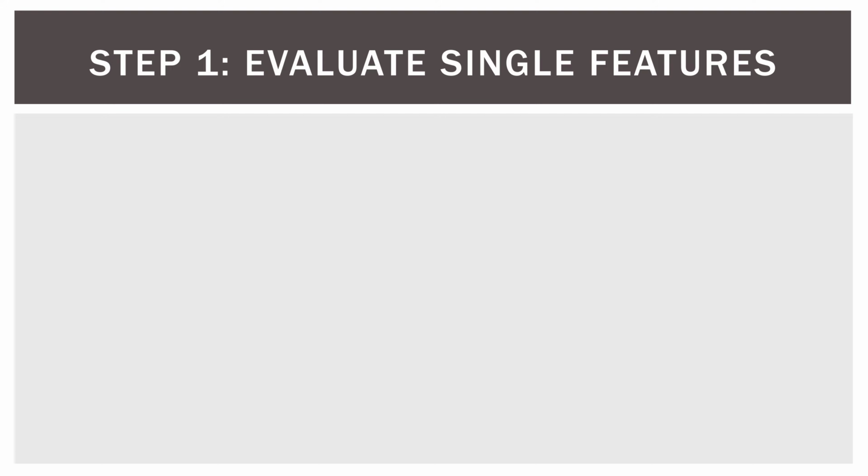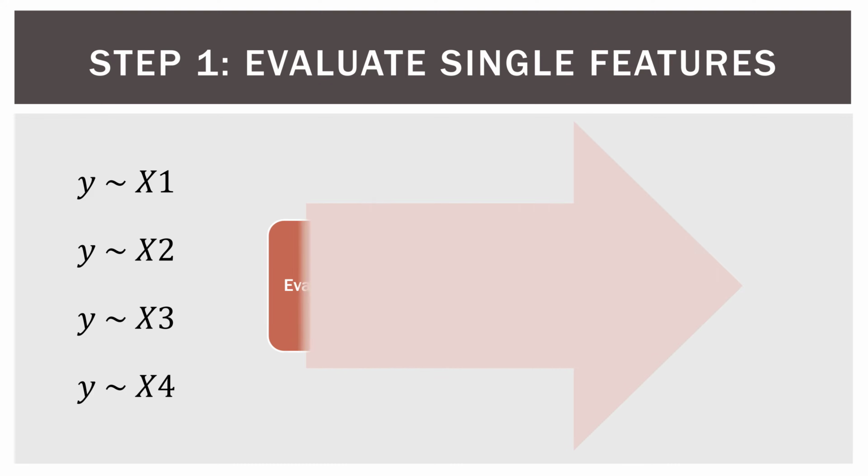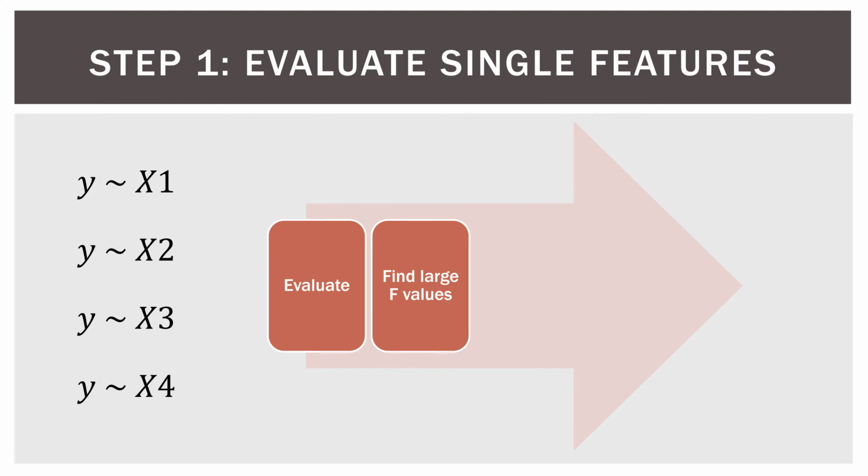So step 1, we evaluate single features. This is where we start in forward selection. We've been using this housing data that I scraped from the web and kind of massaged for these videos. It's actually based on data around my house. We have 4 variables that go into that model: X1, X2, X3, and X4. So it's a process. We evaluate each one for the way it reduces error. We find the largest F value, so the F ratio.